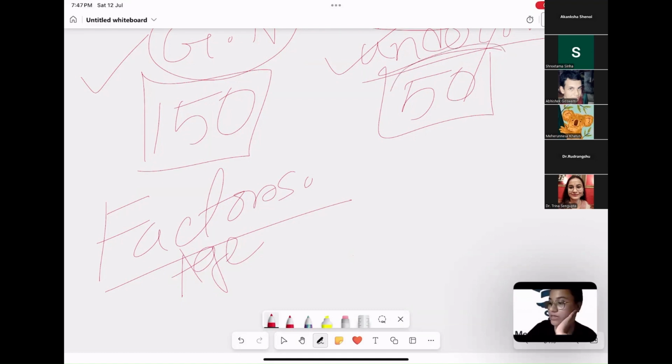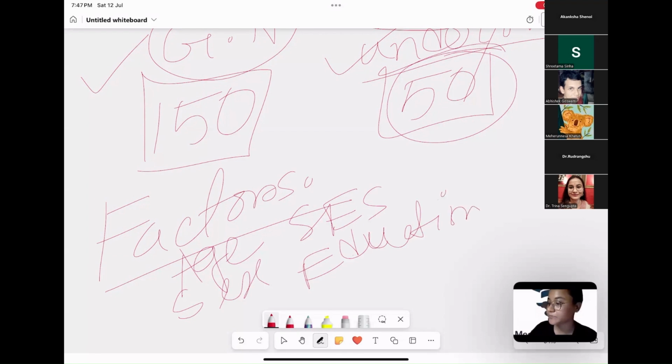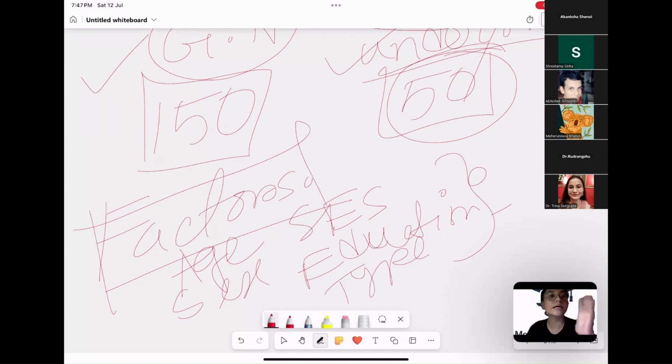Because your outcome variable, or your outcome of choice, is measuring nutritional status. So factors are age, sex, socioeconomic condition, maybe education, like knowledge regarding nutrition, okay? Their family background, type of families, anything this can be. Whether they are living at hostel, whether they are day scholars, these all can play as factors for their nutritional status.